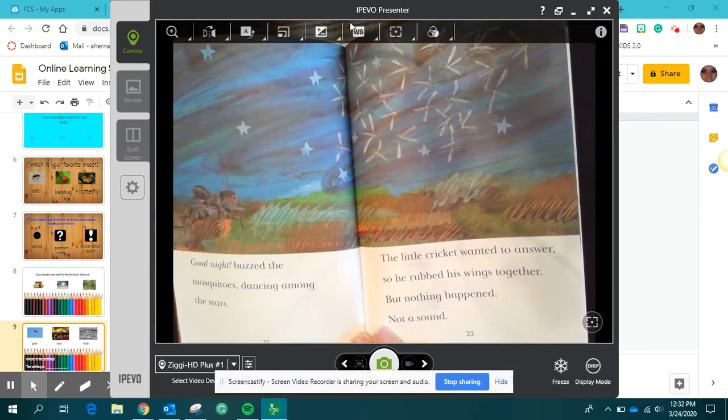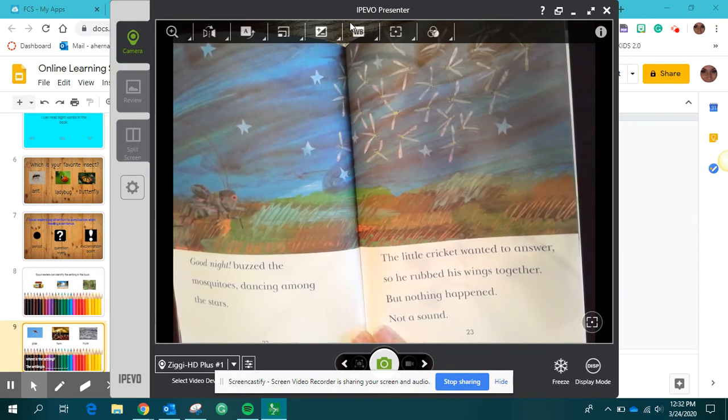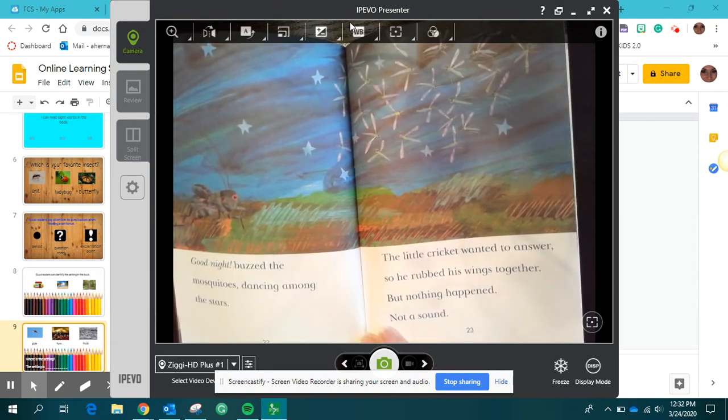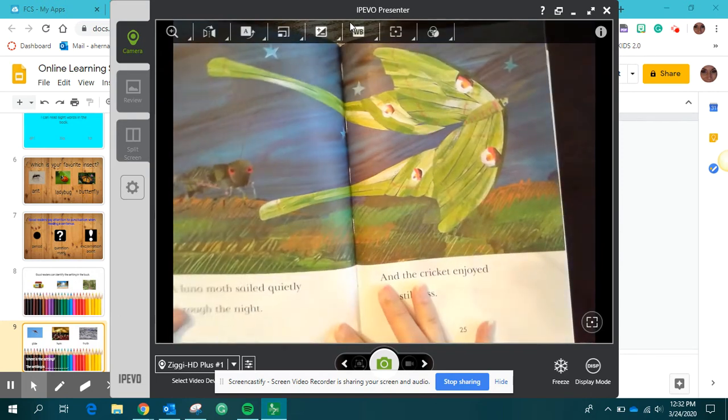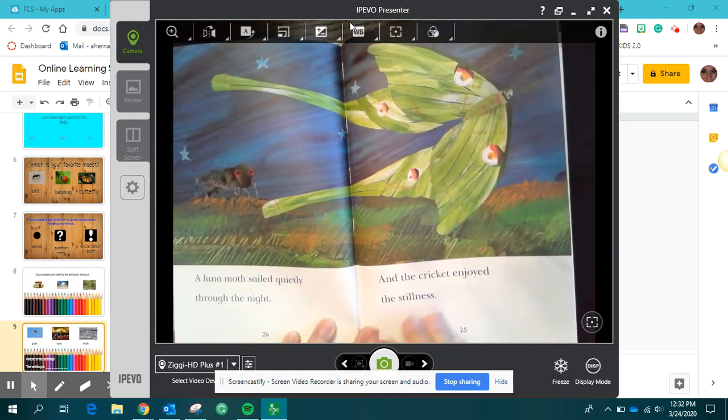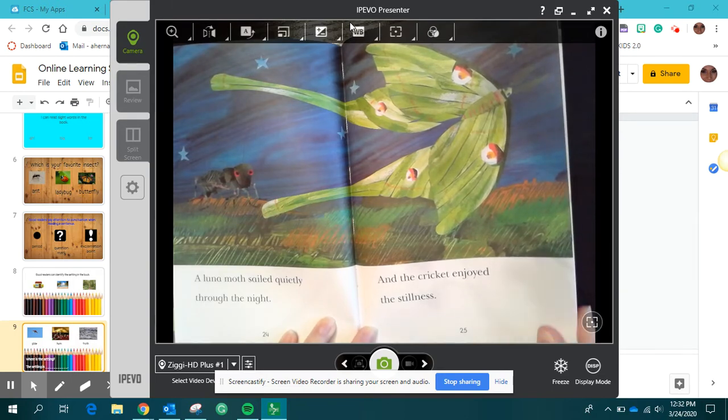"Good night," buzzed the mosquitoes, dancing among the stars. The little cricket wanted to answer, so he rubbed his wings together, but nothing happened, not a sound. A Luna moth sailed quietly through the night, and the cricket enjoyed the stillness.